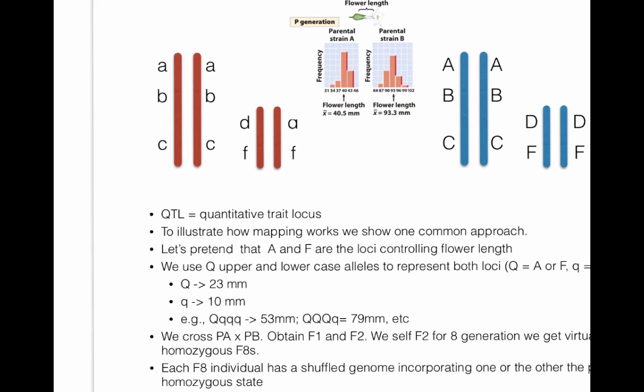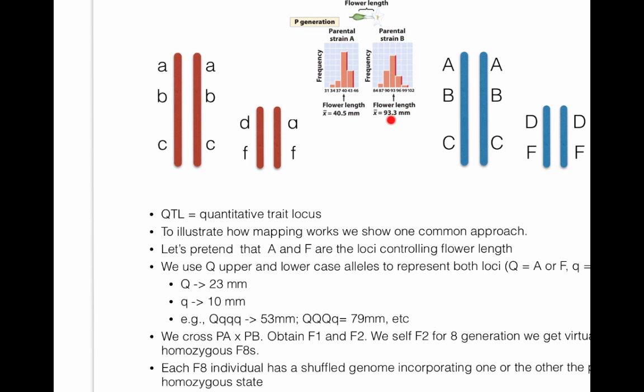If we think, for example, that the loci responsible for the trait of flower length are A and F, we can then attribute to the little a allele a certain phenotypic value, and the same to the little f, and then to the big A or big F. So let's call either big A or big F big Q, just to encompass both.